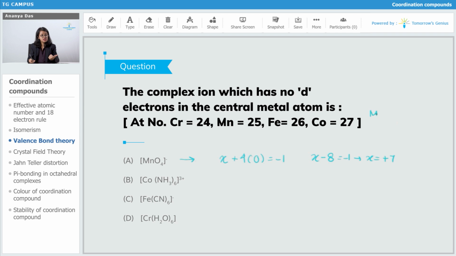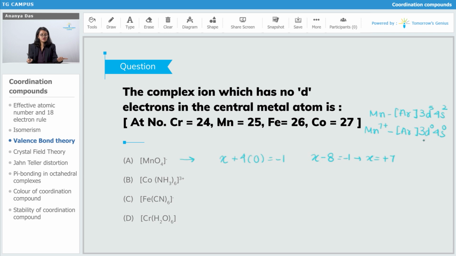And manganese originally had the electronic configuration argon 3d5, 4s2. So if manganese is present as Mn7 positive, that means 7 electrons have been taken away from manganese. That leaves 0 electrons in your 4s orbital and 0 electrons in your 3d orbital as well.